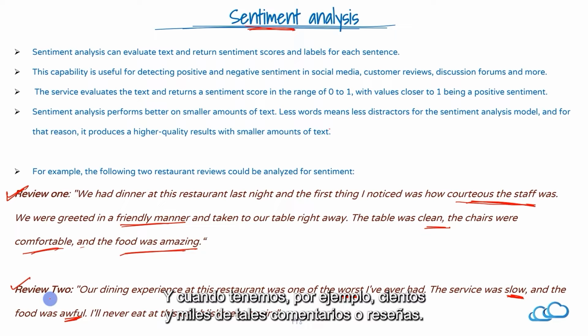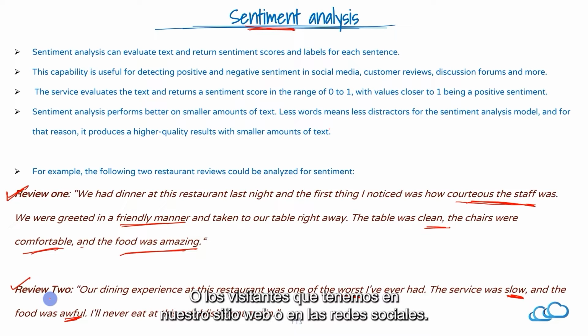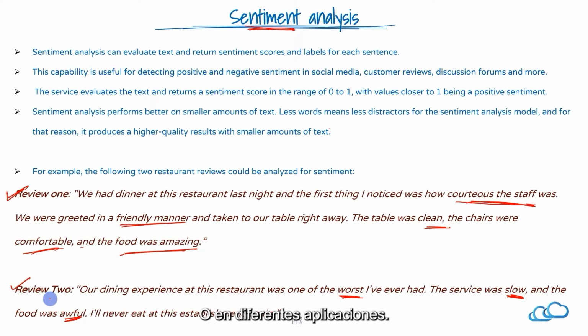And when we have, for example, hundreds and thousands of such comments or reviews, we can use an NLP service to analyze those comments and reviews and compile information about the sentiment of the customers or the visitors we have on our website or social media or in different applications, discussion forums, and so on.